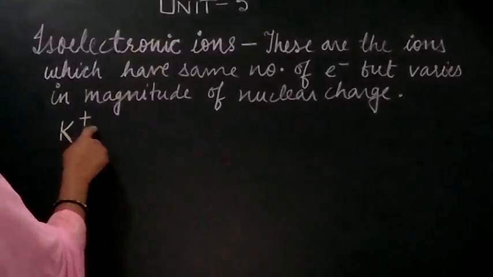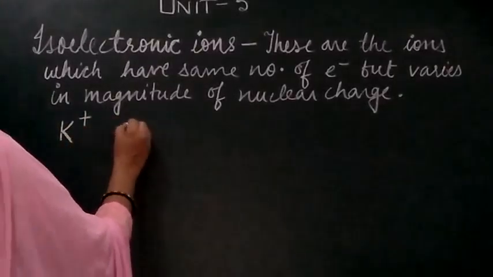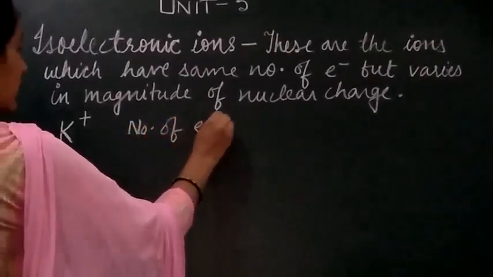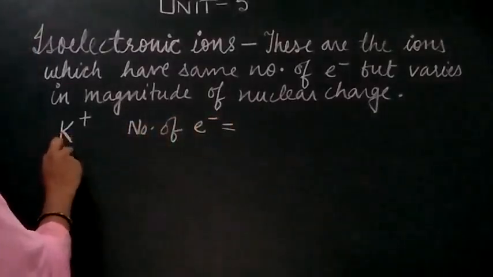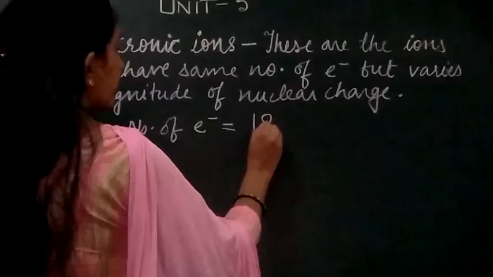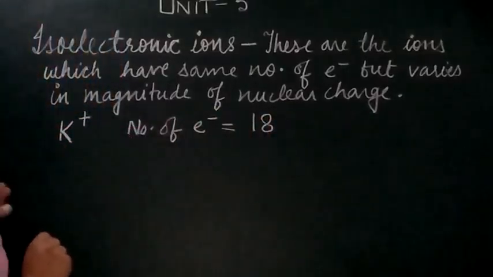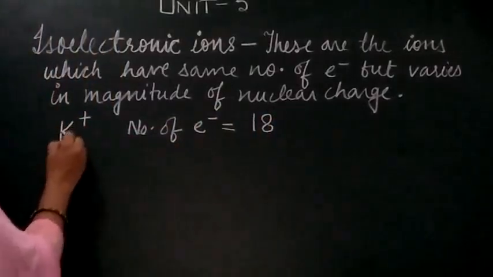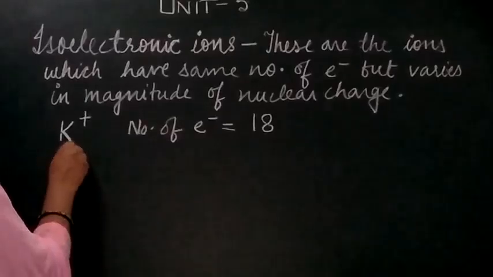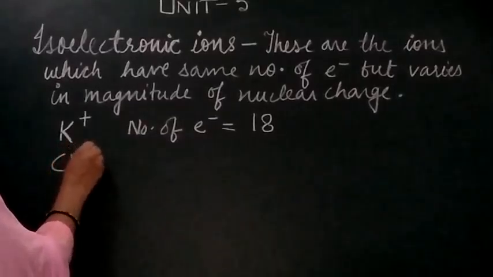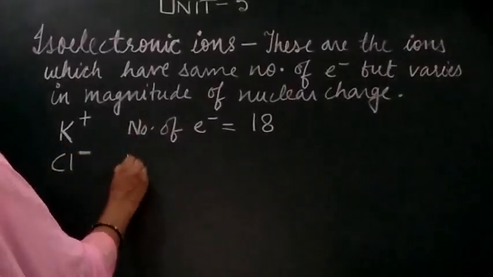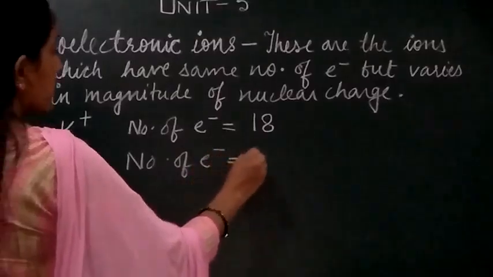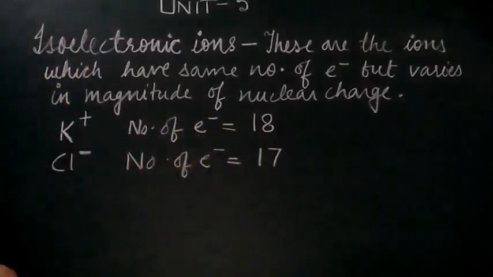So when it loses an electron, the number of electrons will be how much here? It will be 18. And the magnitude of the nuclear charge, we can say, is plus 1, right? Whereas in the case of chloride ion, Cl negative, here also the number of electrons is going to be 18.